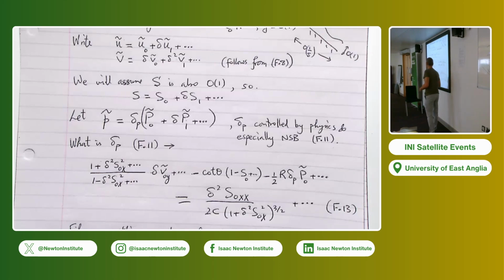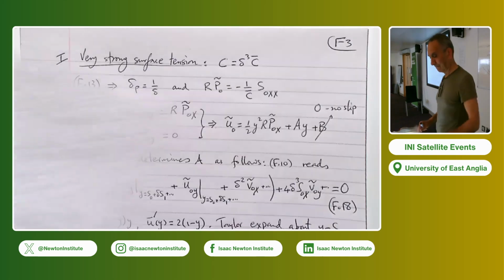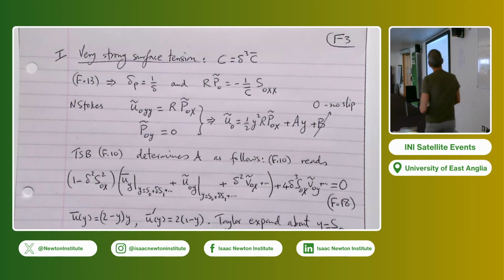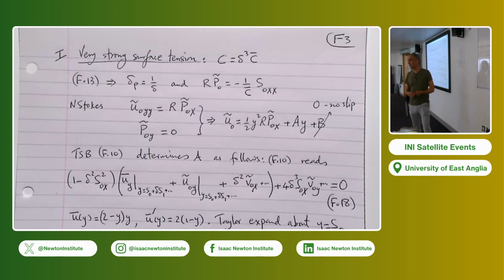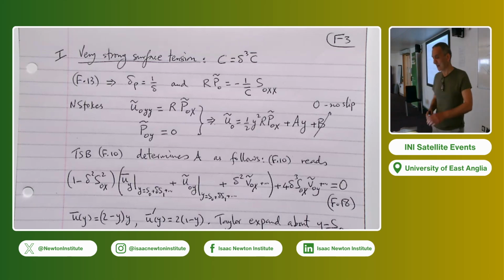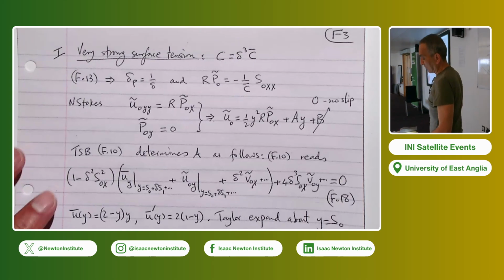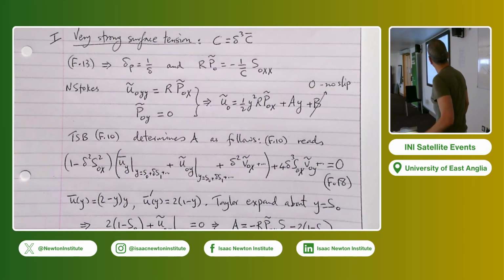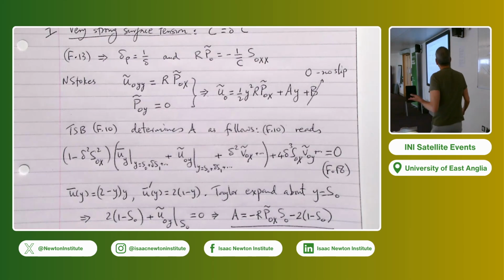Okay, so I know exactly what P0 is. So R Reynolds times P0 will be 1 over C bar, where C is delta cubed C bar, right? It's just a parameter. We can take it to be 1, we just keep it there in case we want to switch it off.